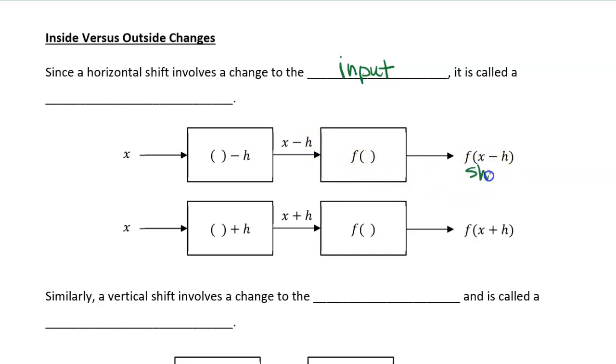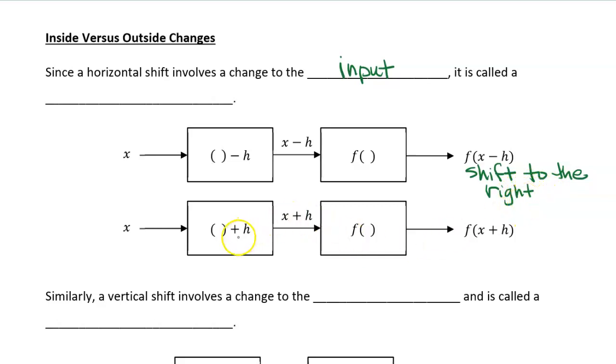It's going to shift it to the right, in the positive direction, because it takes more input to get the same amount of output.